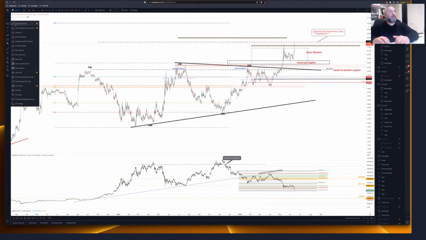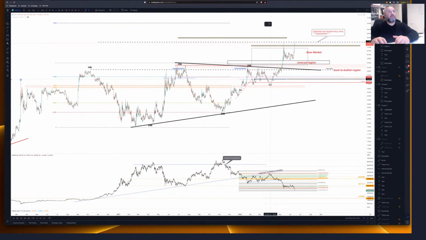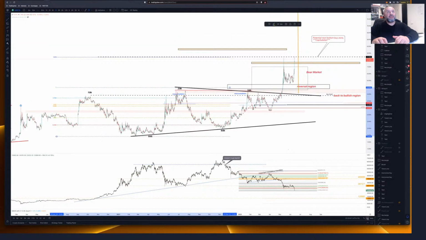There's a few ways of measuring this. You can say that's the neckline to the bottom, and maybe that's where we're going to eventually end up, potentially. That's with the log setting on. If I take the log setting off, it's 1.618.